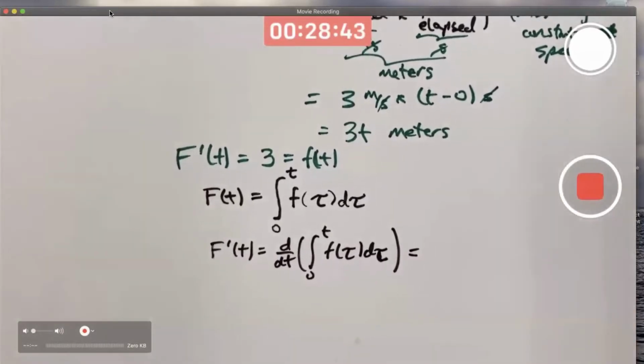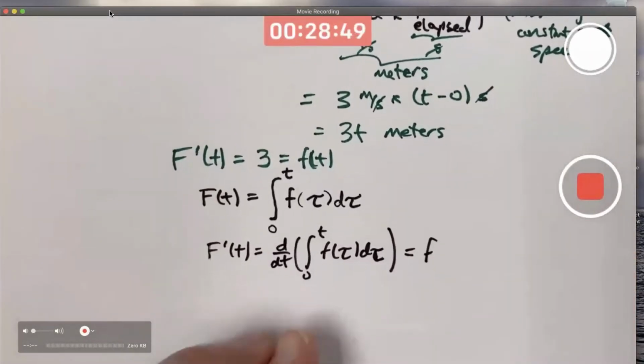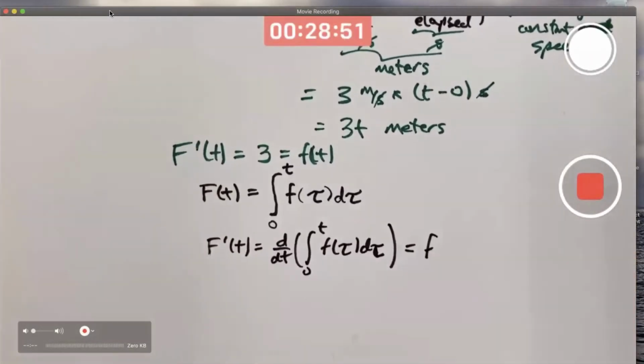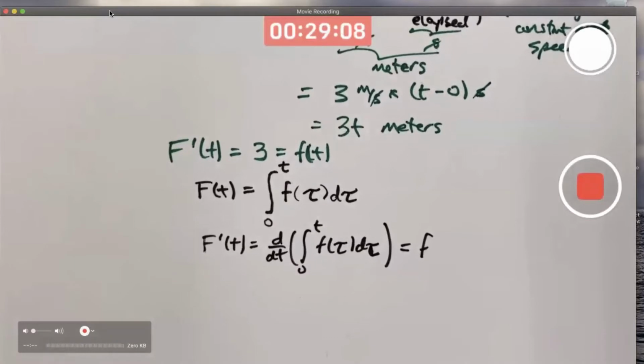It is little f. It's like the d dt and integral symbols cancel each other, like a function and its inverse function cancel each other. E to the x and natural log of x, for example, cancel each other. It's like they make each other go away, and you're left with the integrand function. The d tau goes away as well.